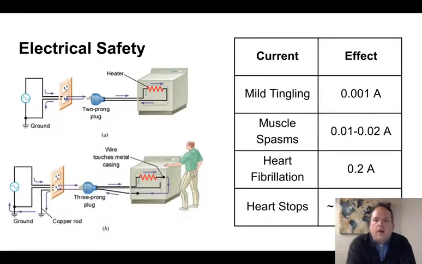If instead I actually have the casing of the dryer connected to the ground wire, that third wire in a circuit, then even if that wire breaks in that heater, the current will not flow through you because you still have more resistance than the metal casing of the dryer. It will instead flow through the metal casing of the dryer, through that ground wire, and be safely discharged to ground in that electrical system, not through you.